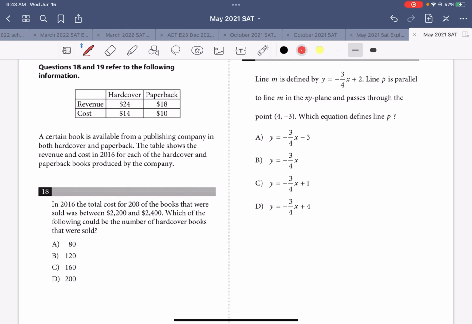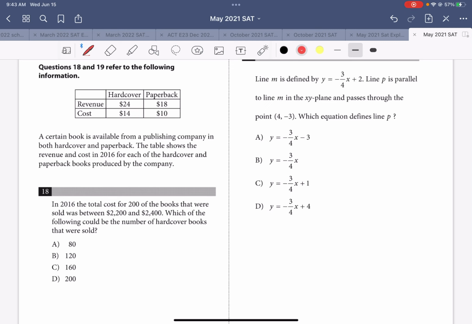Number 18. Okay, they gave you a chart there. A certain book is available from a publishing company in both hardcover and paperback. The table above shows the revenue and cost in 2016 for each hardcover and paperback book produced by the company.